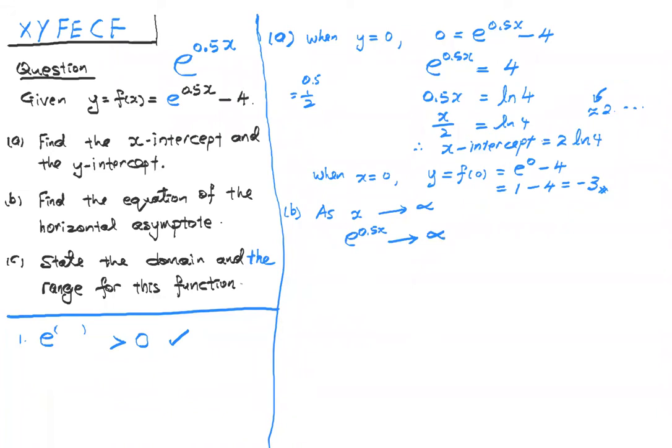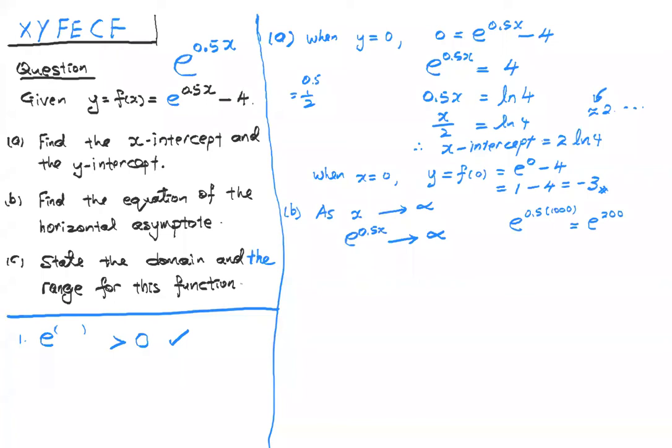Okay, I will explain once more. I can't change the color, so you just bear with me with the same color. So e to the power infinity. You have to put your x as infinity. So you ask yourself, 0.5 times a very big number, say 2,000, 200.